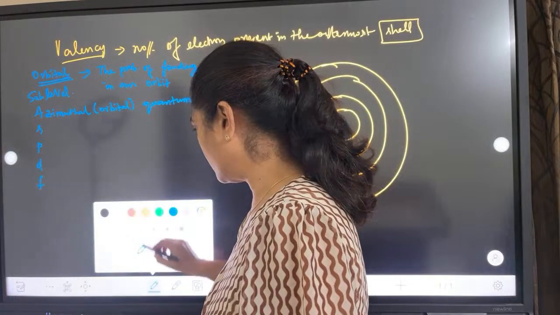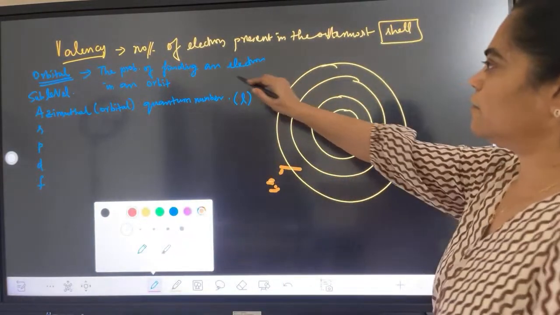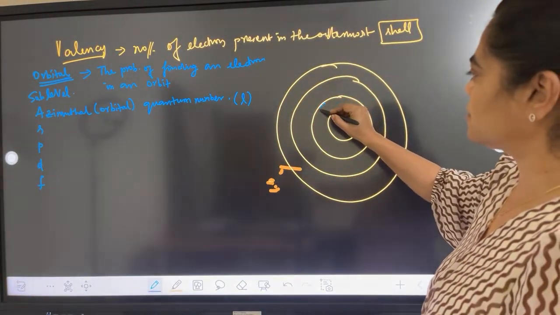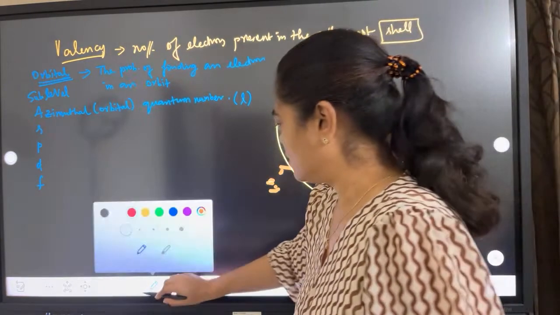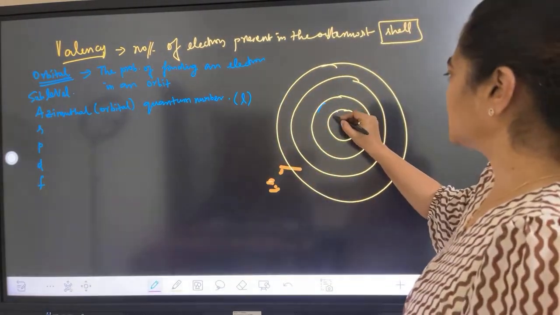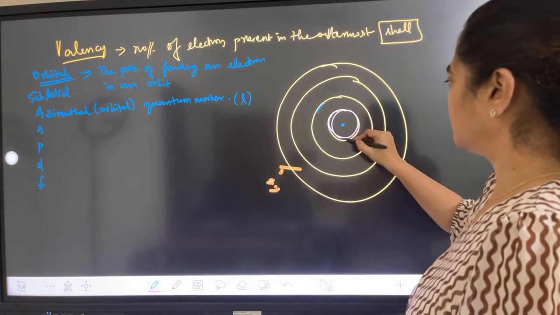What is the S level? See what I have told you about orbitals. What is an orbital? A sublevel, the probability of finding an electron.